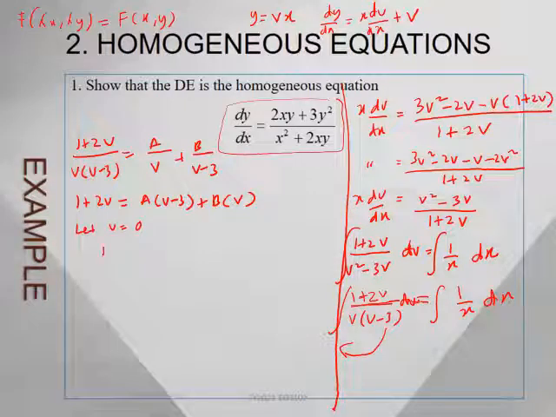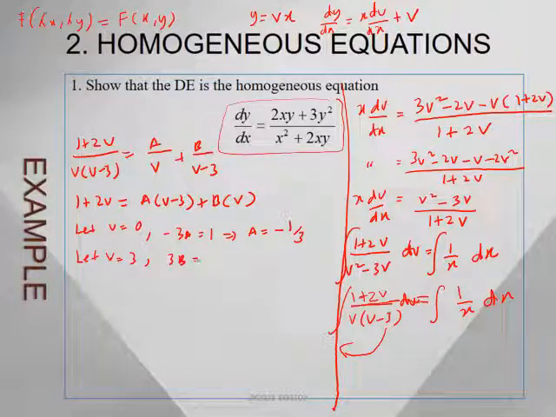So negative 3a equals 1. So a equals negative 1 over 3. How about b? For b we can let v equals 3. So 3b equals 7. So b must be equal to 7 over 3.